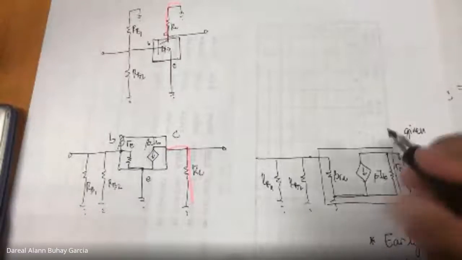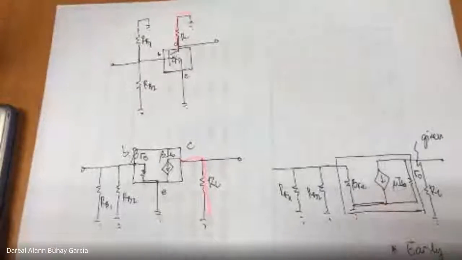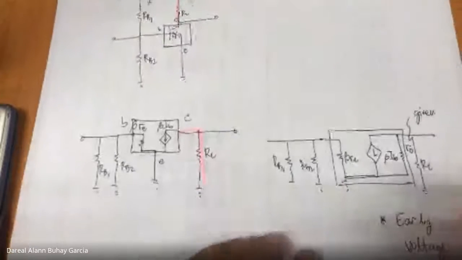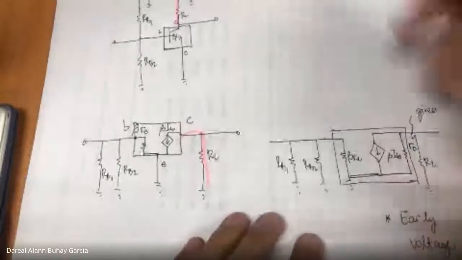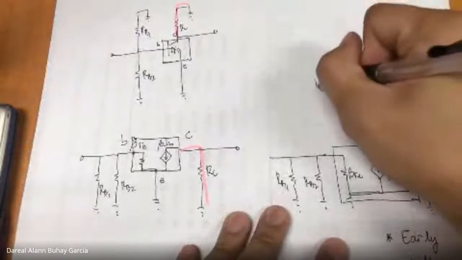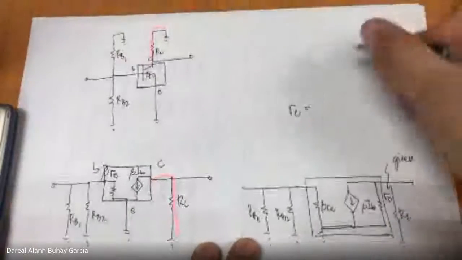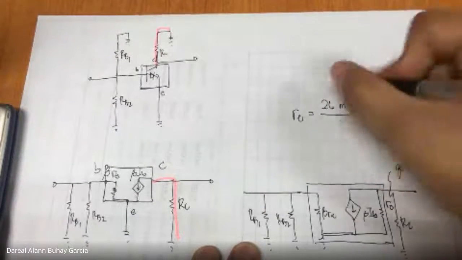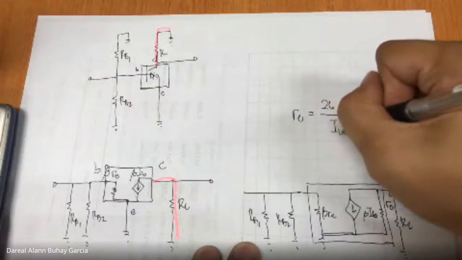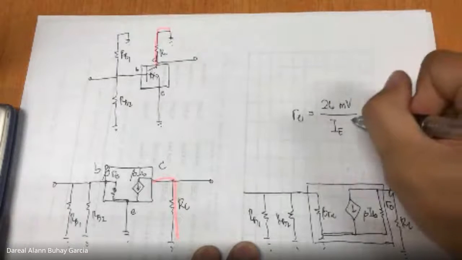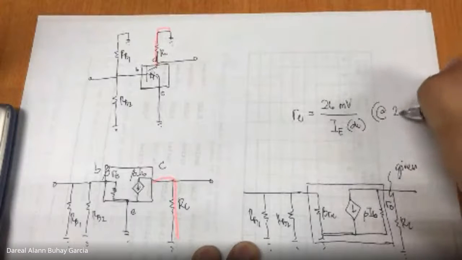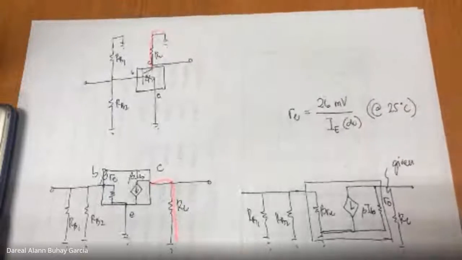Next question now is what is RE? What is RE? Another formula that is common to all, that we should remember, is that RE is equal to 26 millivolts over IE, DC IE, at 25 degrees room temperature.